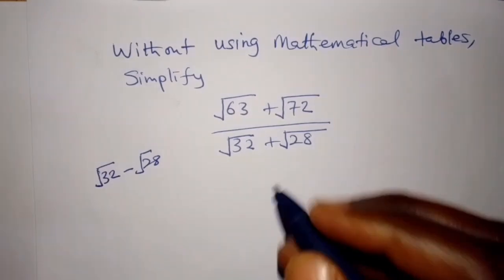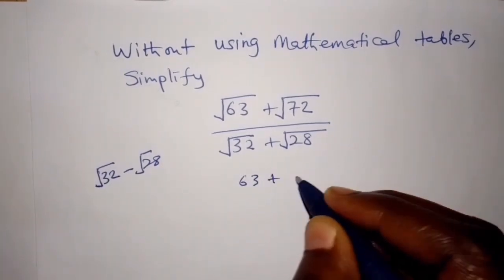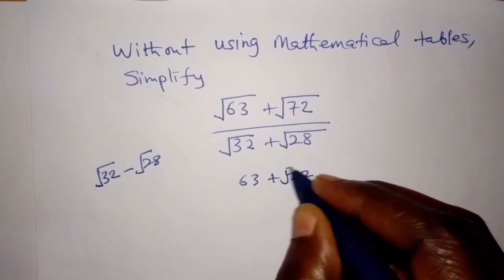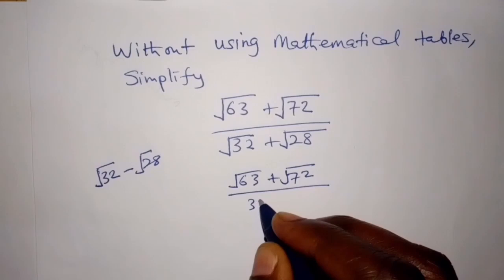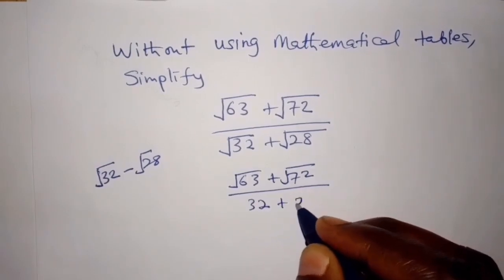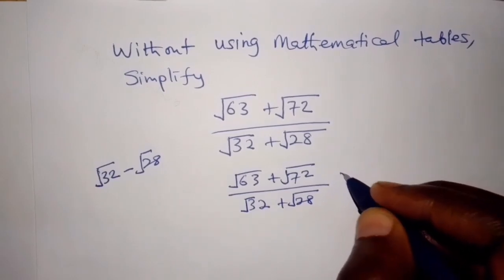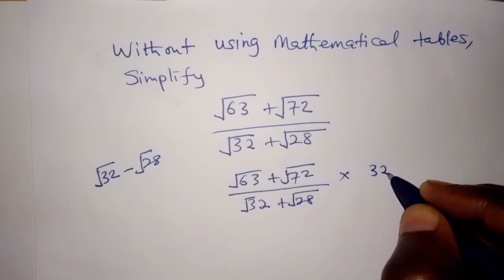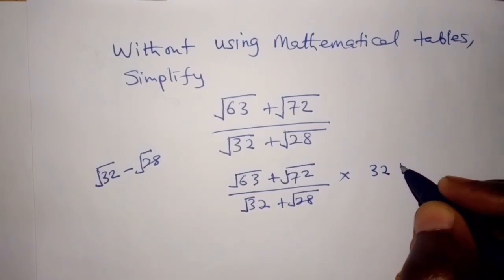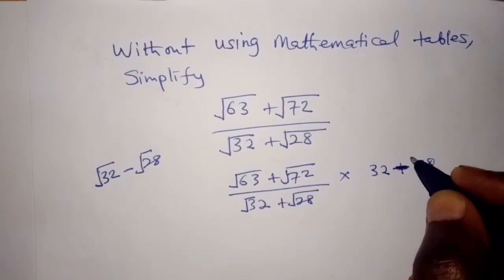So we are going to have the square root of 63 plus the square root of 72 over the square root of 32 plus the square root of 28. We multiply by the square root of 32 minus the square root of 28.